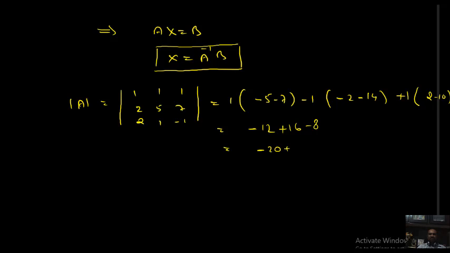Minus 20 plus 16, that is equal to minus 4, not equal to 0, which means the given system is a system of consistent linear equations with a unique solution. Okay, therefore the given system is solvable.